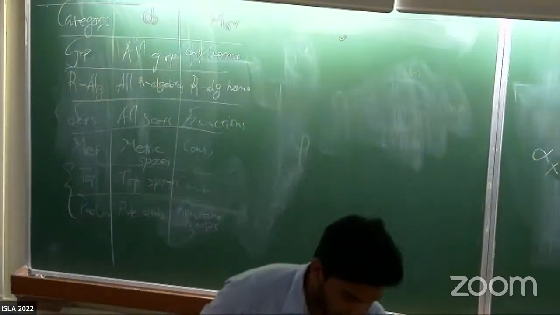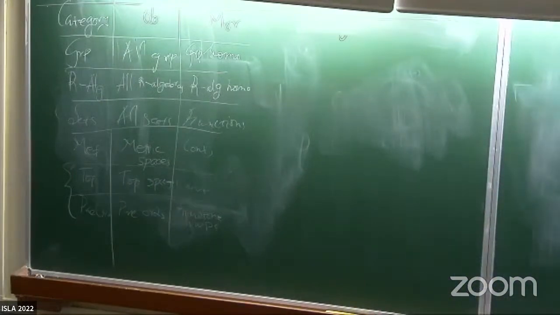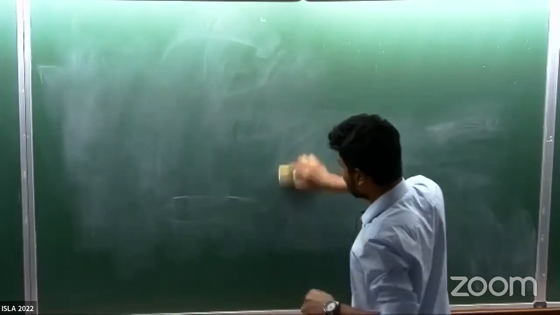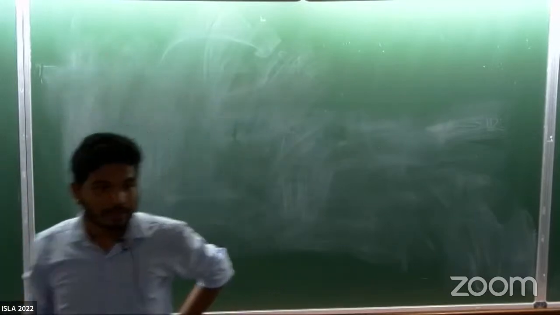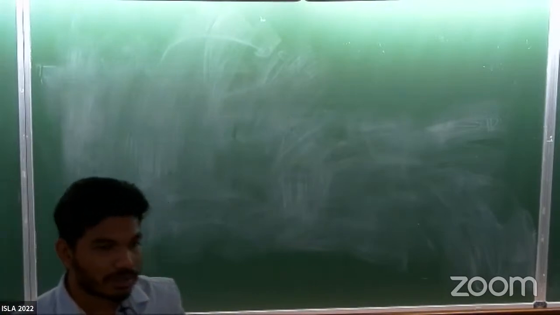Now to start with, I want to point towards an exercise that was given in the last tutorial about orders. There was this question: are order isomorphisms and bijective order preserving maps the same?